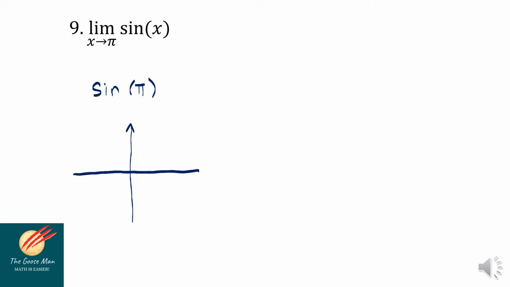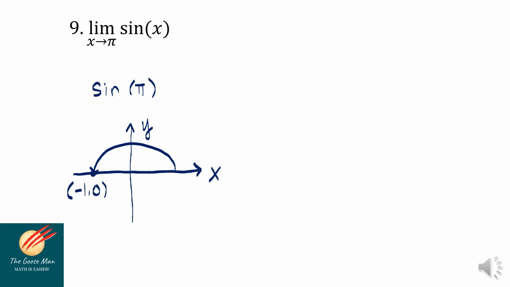So this is our y-axis and this is our x-axis. The measurement of angle is pi, so it means here. The terminal point is actually negative 1, 0 using the unit circle.